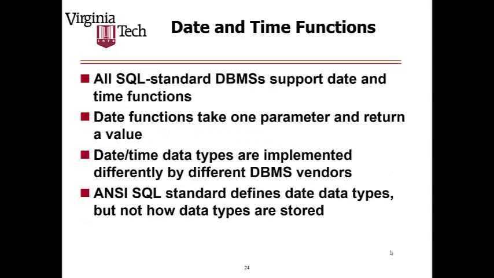Well, databases have a lot of date and time functions. I guess we shouldn't be surprised by that, but it is definitely true that we are always manipulating dates. And dates are stored in what's called a Julian format, right?